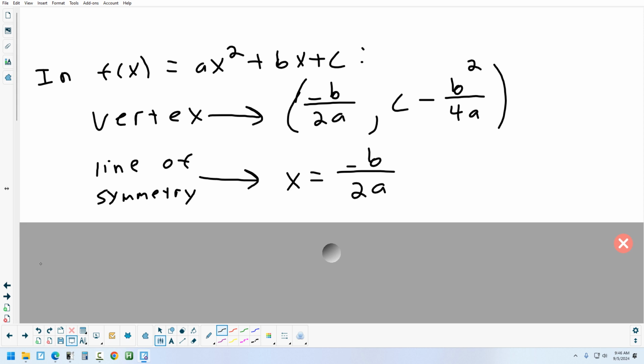It's not really a formula I use a lot, because for me that's just something else I'd have to remember. I would probably just complete the square and figure out the vertex that way. But if you really just want to figure out the vertex and you don't want to complete the square, you can use this formula.